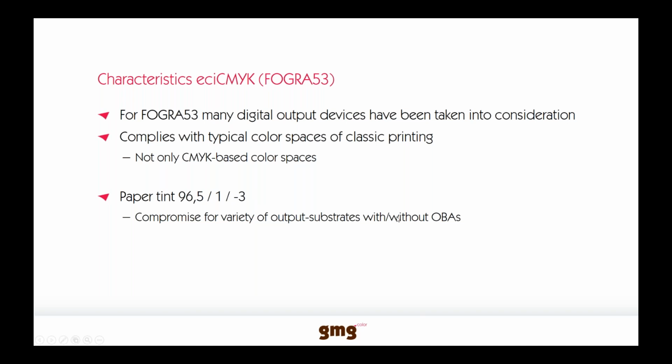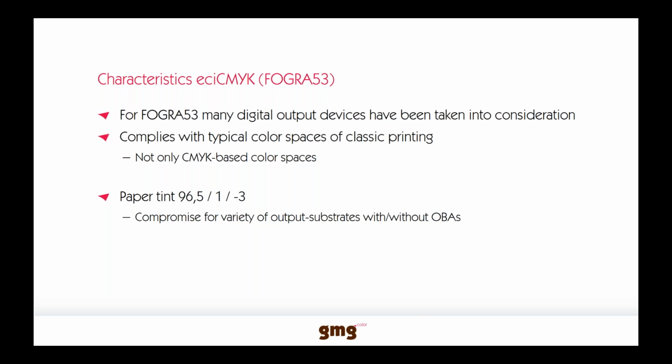Of course, for having an exchange color space, you have to find the compromise, as it says here, for the variety of the substrates you are printing on, since there are a lot of substrates without OBAs and there are a lot of substrates with OBAs. So, of course, here we need to find the compromise.